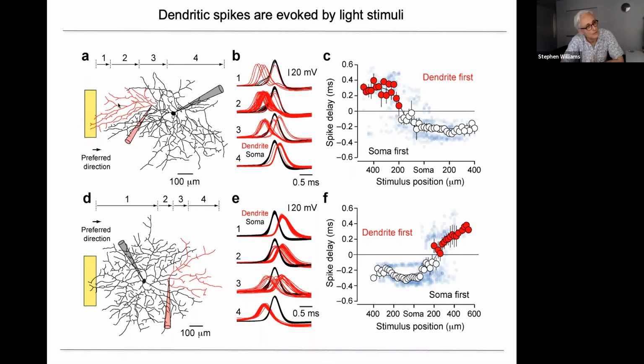As light travels further across the dendritic arbor, we see more and more dendritic spikes generated that drive action potential firing, until the light enters the contralateral dendritic arbor, where we see that the action potential firing is occurring at the soma, and then action potentials back propagate into the dendritic arbor. So this tells us that dendritic spike initiation is underlying these wide field characteristics of direction selective ganglion cells.